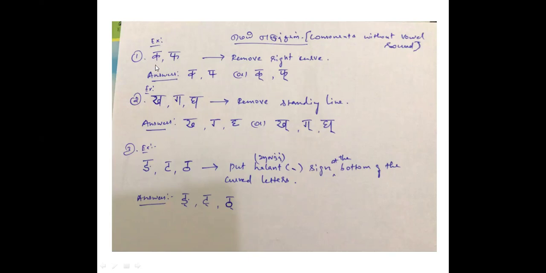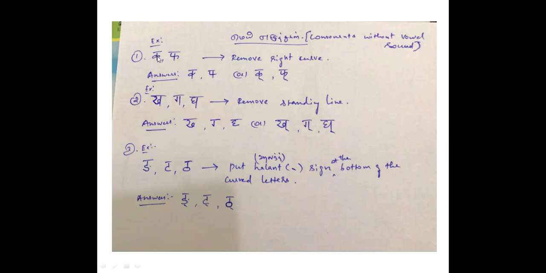For example, this is ka. Here, if you remove the right curve of this ka, now it is called ik. Now that vowel sound is missing. In that ka, the a sound is there.